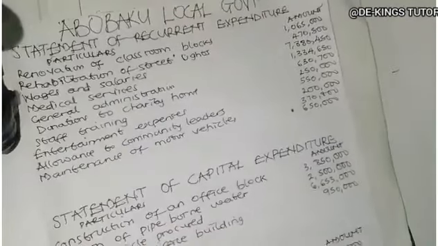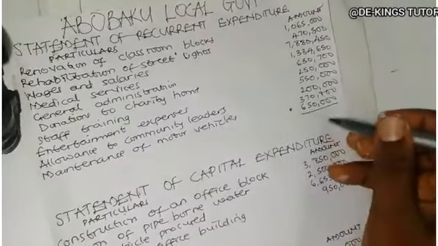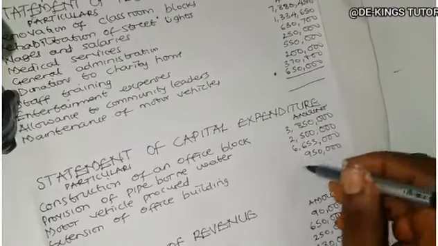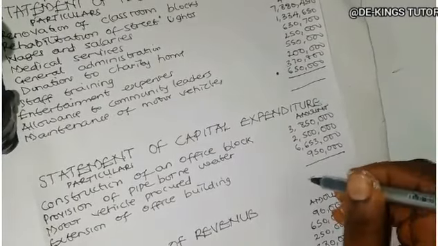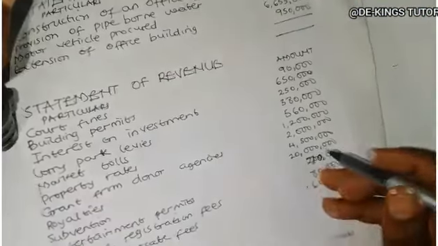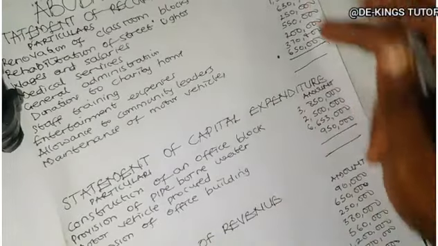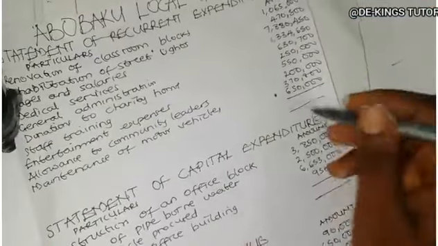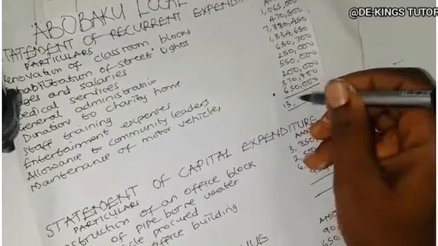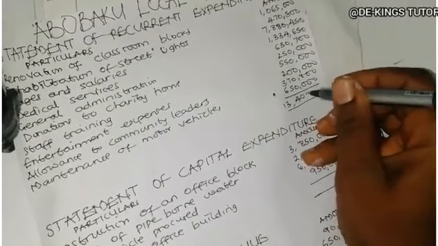So what do we do? We add it up. If you add this with my calculator, the recurrent expenditure is giving me 13,402,100.